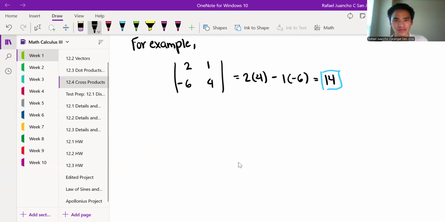Right? Now we're moving on to, we're gonna up it a bit. We now have a determinant of order 3.